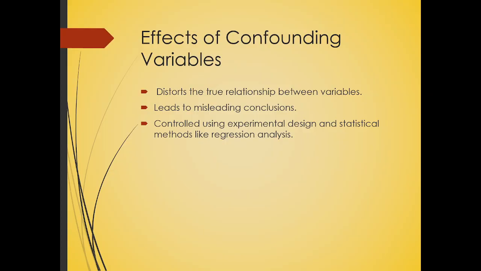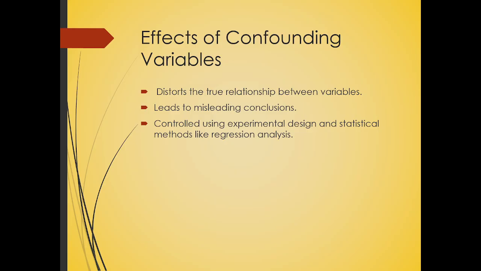They distort the true relationship between variables. Like I've said earlier, they lead to misleading conclusions. So one can see at the end of the day, if you don't control them well, you can say that diet has an effect on exercise and weight loss, or your results can be that exercise has no effect on weight loss because of the diet you eat.